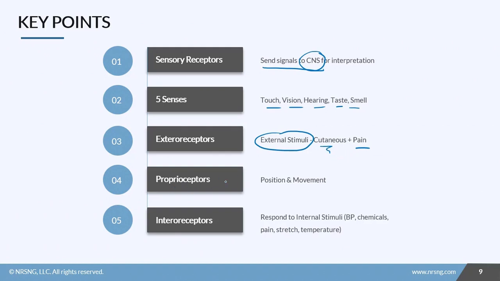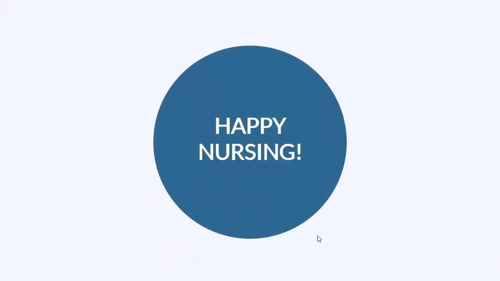We have proprioreceptors that help us to determine our position and movement, so you know if you're upside down, even if you can't see. And then we have interoreceptors, which help us respond to internal stimuli. So it's things like blood pressure changes, chemical changes, visceral pain, temperature, and stretch of the lungs. So that's it for the basics of how our bodies detect and respond to stimuli, both externally and internally.